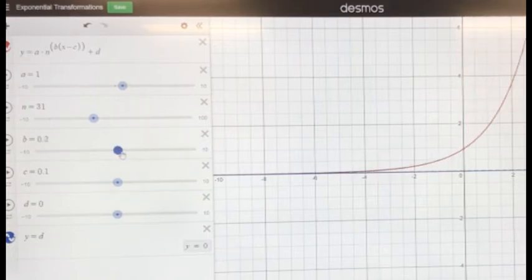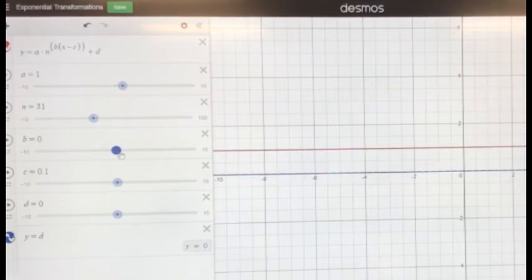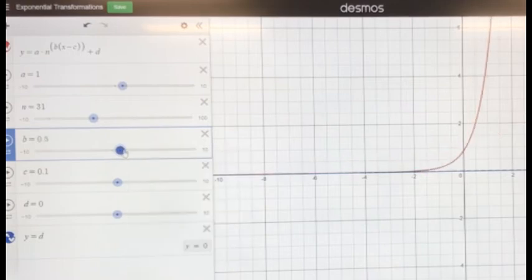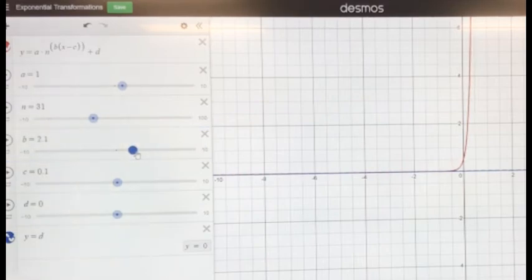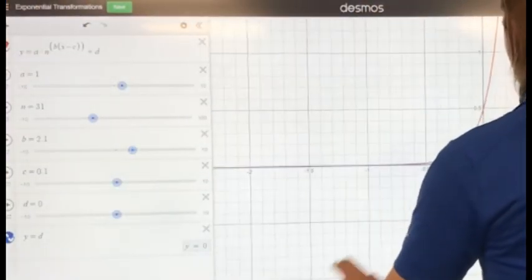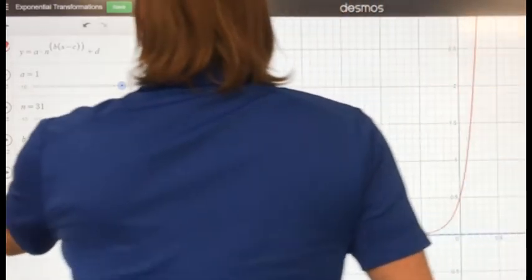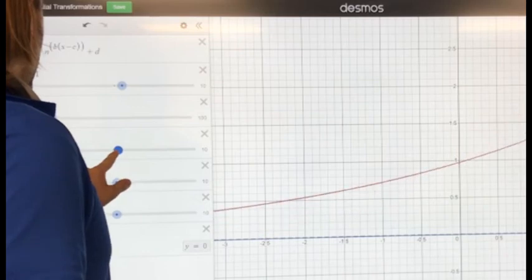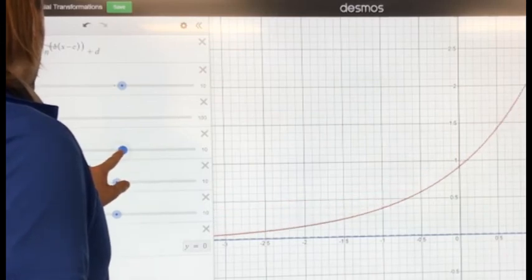If you have small numbers like a decimal, notice how it flattens my curve out, which is important for today's activity. Let's put that back to, let's say, 2. Let me zoom in back here. We'll stick with 3. We'll make that back to 1.